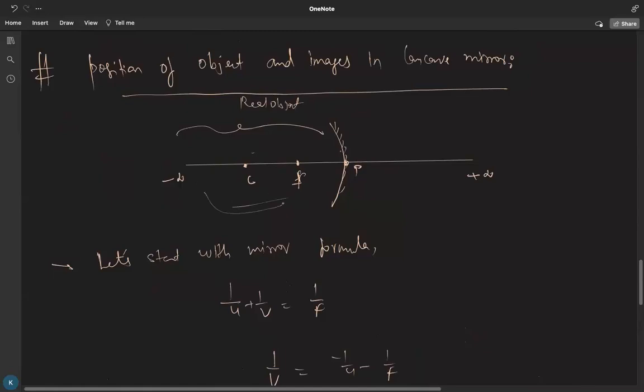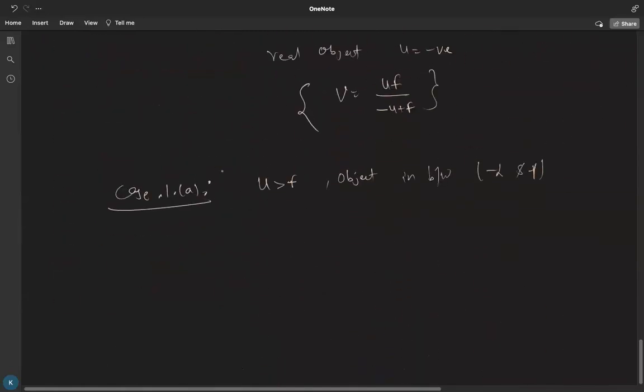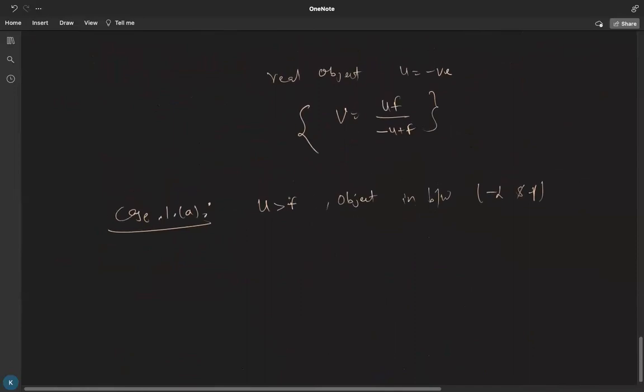We are considering this case when the object is lying in this region, u greater than f. So from v, as we have uf by f minus u, when u is greater than f, this term is negative, less than 0. That means v is negative. That means we have a real image.